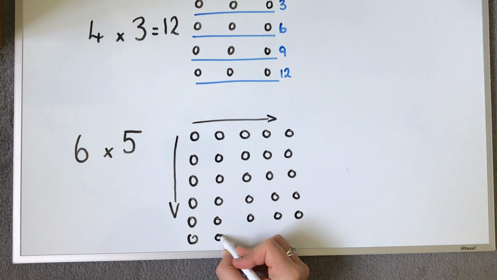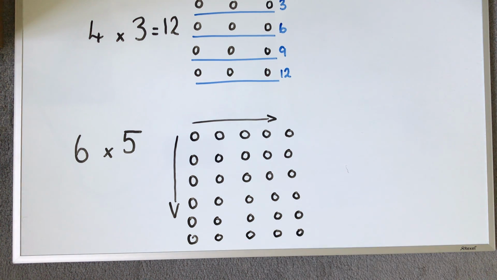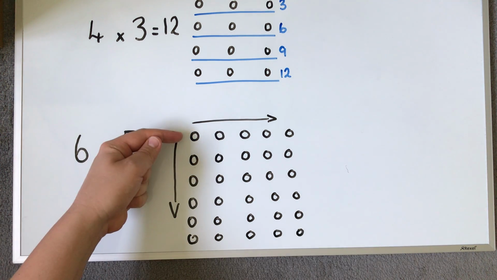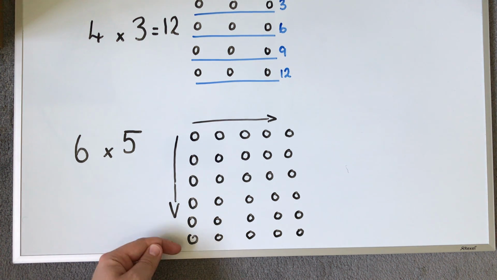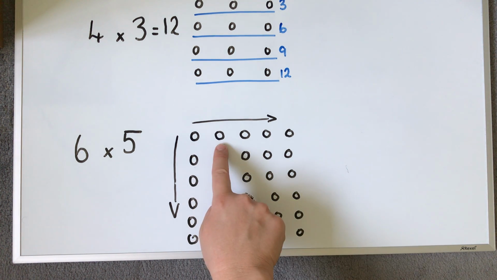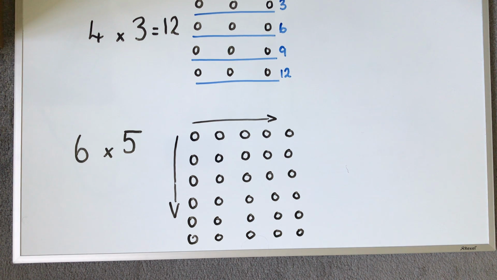So let's check. Have we got 6 rows? 1, 2, 3, 4, 5, 6. Have we got 5 columns? 1, 2, 3, 4, 5. Brilliant.